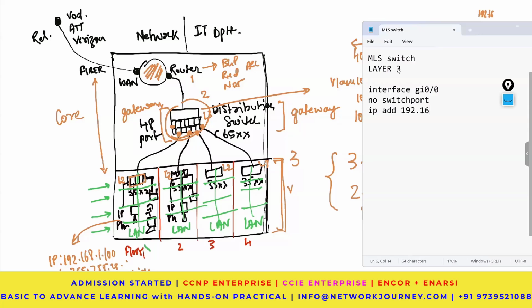Let's say 192.168.1.1 255.255.255.0. So this is how we can configure the IP and make that interface act as a layer 3 interface. You can't add an IP on a layer 2 switch. It will not support that. Only the VLANs will be supported at that point.